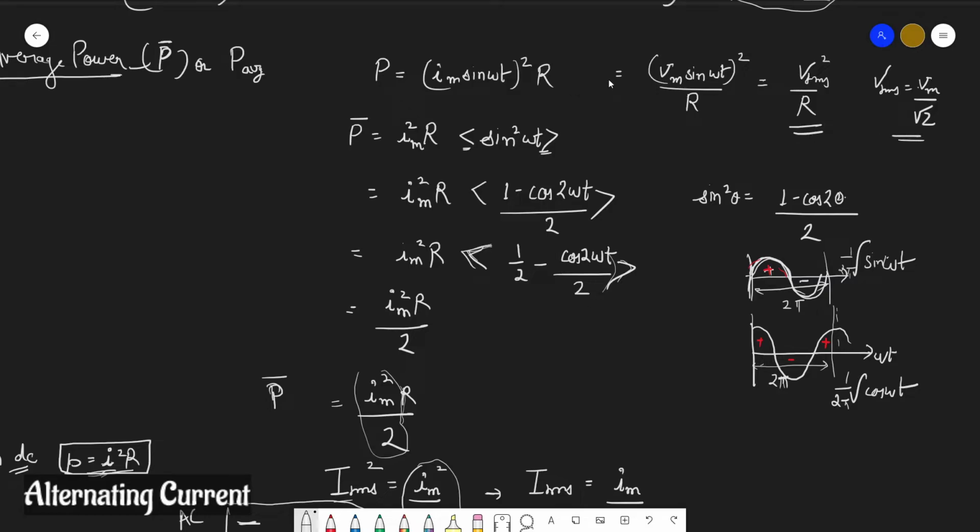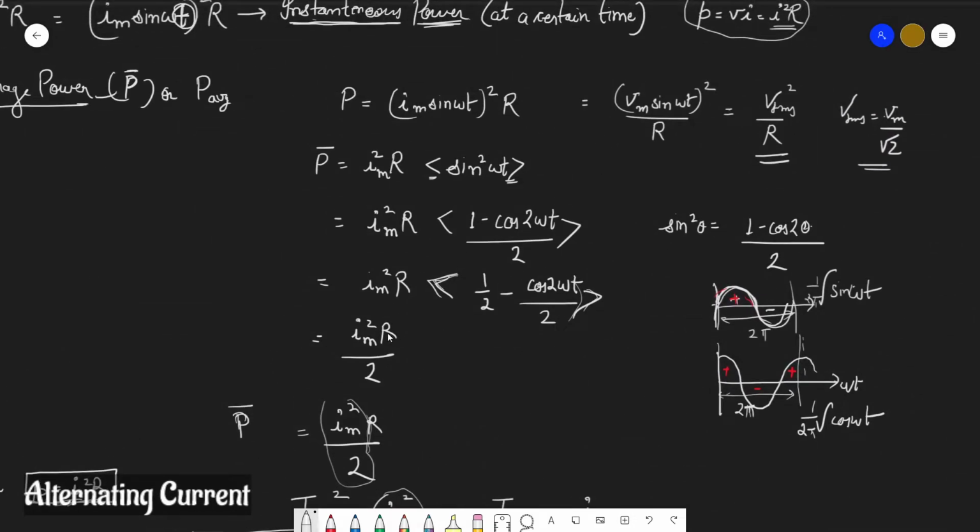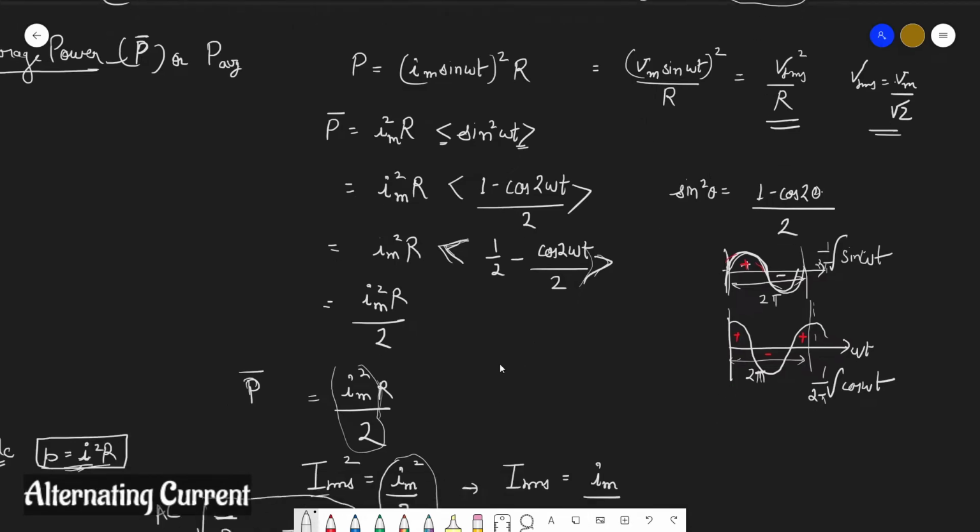Similarly, the sine square function's average value will again be half, so this half will come in here. So you will get Vm by root 2 as the RMS value, and your power will be Vm square by 2R.